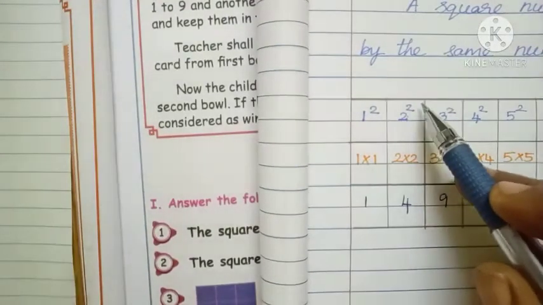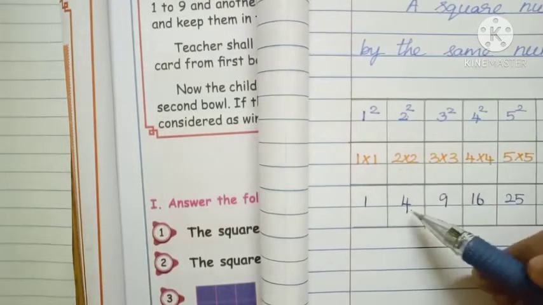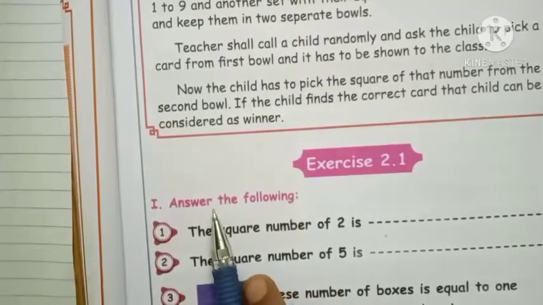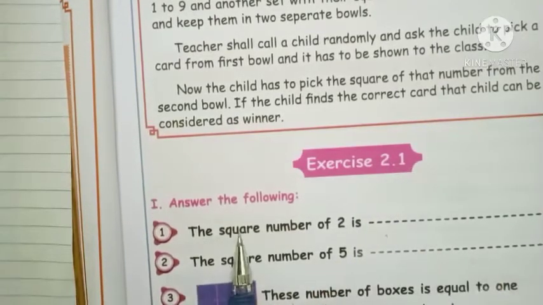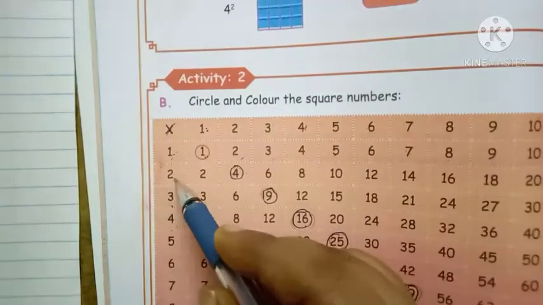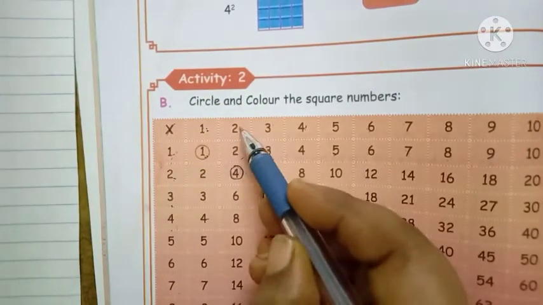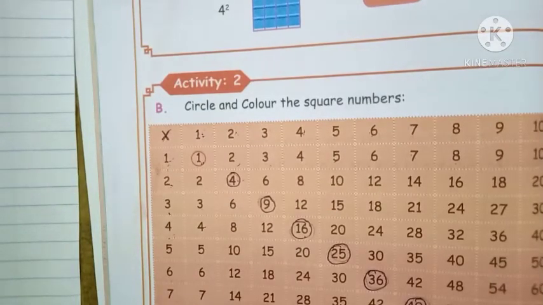Yes, 2 power 2. 2 multiplied by 2 equal to 4. This is the answer. Exercise number 2.1. The square number of 2. Already you studied the 2 table. 2 twos are 4. So this is the answer, 2 power 2.